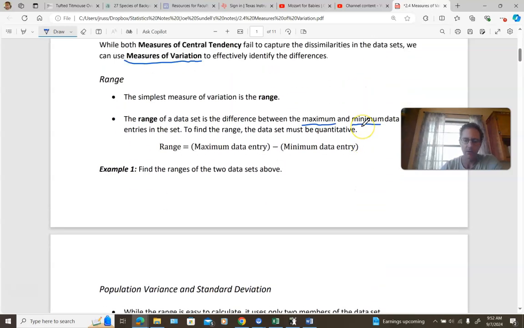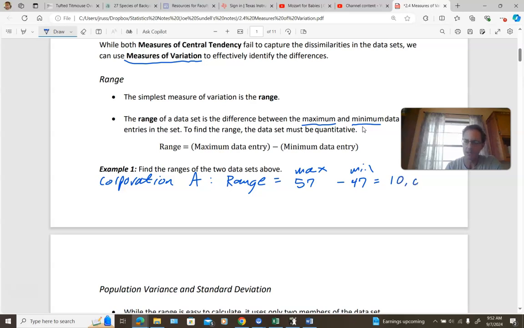So for Corporation A, the range is going to be the maximum value, which is 57, minus the minimum, which is 47, and that would give us a difference of 10. Now remember, this really means 10,000, and this is dollars too, by the way. So the range of those starting salaries at Corporation A from that sample would be $10,000.